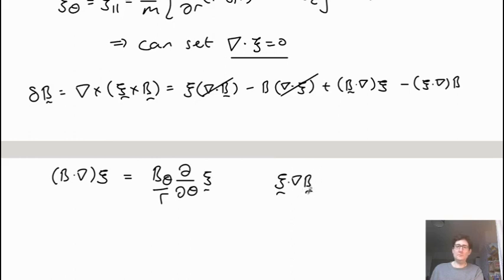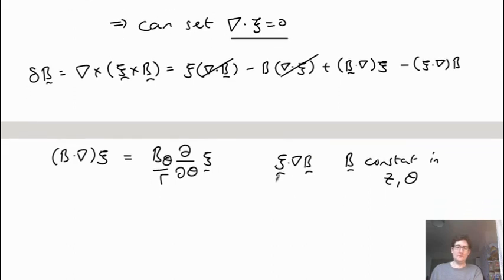The other component is xi dot grad B. B only has a poloidal component, and it's constant in z and theta. So it's only varying in r, and this is just xi r times dB theta by dr, in the theta direction.